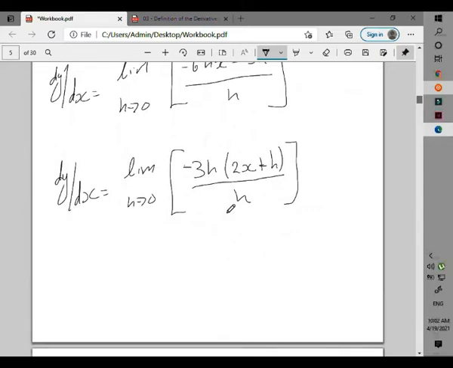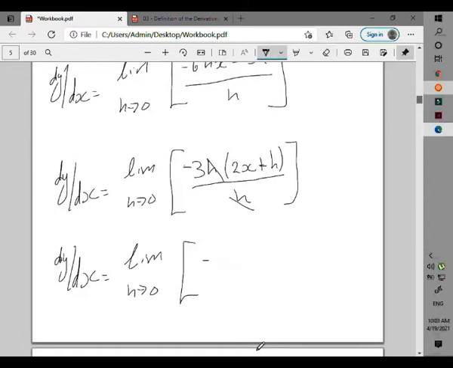So moving on, the h cancels h. So dy upon dx is equal to the limit as h approaches 0 of minus 3. Let me just expand.